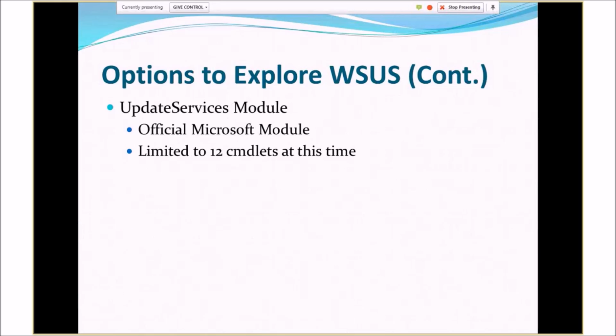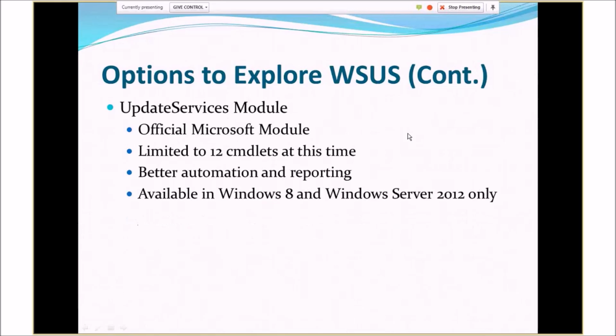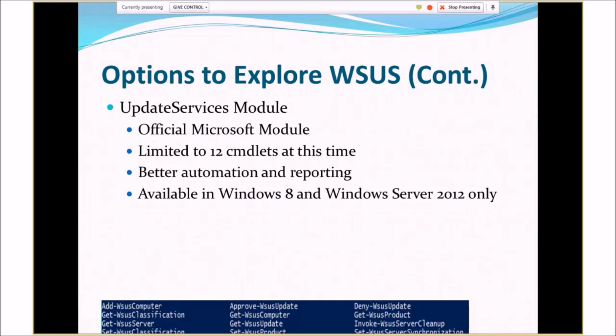Currently, there's only 12 command lines at this time in that module, but it does provide better automation reporting that you wouldn't get in the admin console itself. But it's only available in Windows 8 up to 2012 R2 only. So you're pretty limited. If you're running basically 2003, 2008, you're more or less out of luck. And these are the command lines that are available at this time.